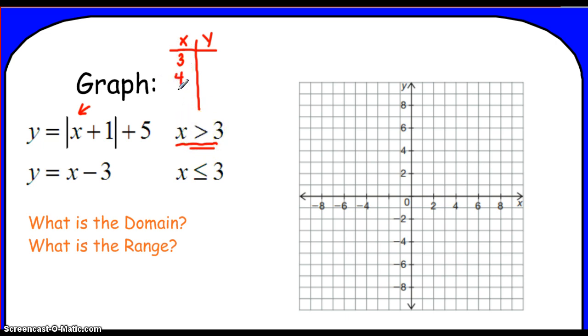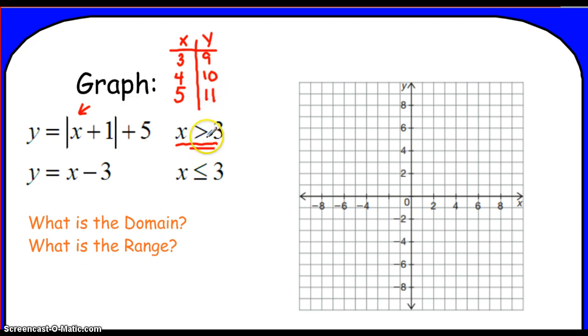So 4 is larger than 3, 5 is larger than 3. So I just plug in 3. 3 plus 1 is 4. The absolute value of 4 is 4, plus 5 is 9. Plug in 4. 4 plus 1 is 5. 5 plus 5 is 10. Plug in 5. 5 plus 1 is 6. 6 plus 5 is 11.